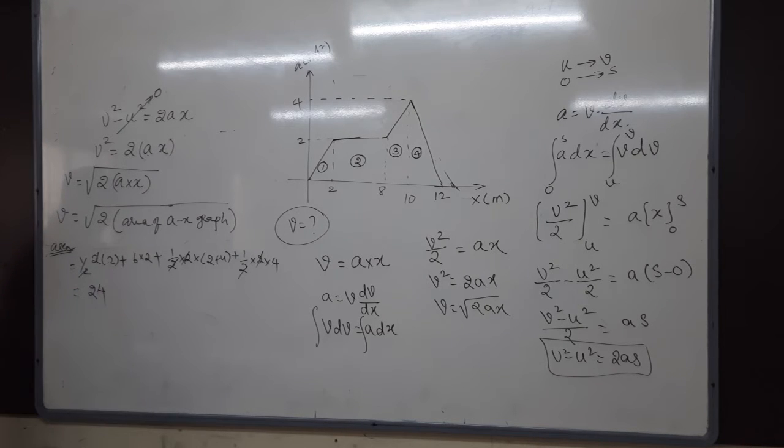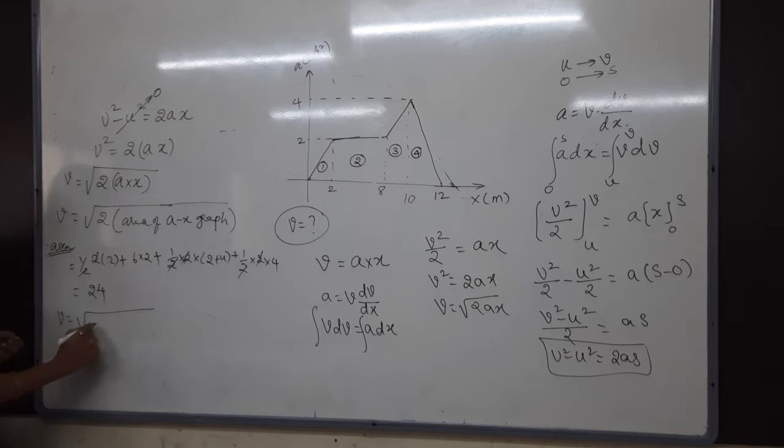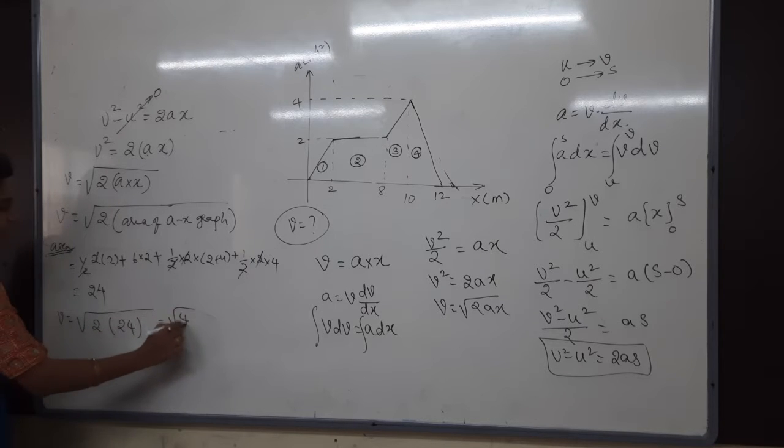Correct, 24 is correct. So the area we got is 24. Then the velocity is equal to under root of 2 into area, 24, so under root 48.